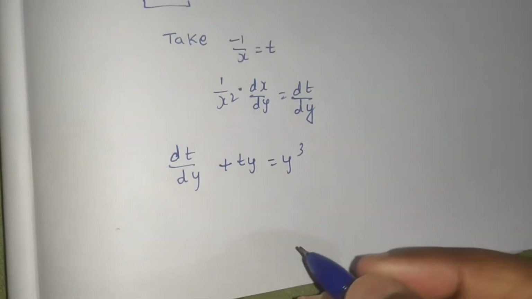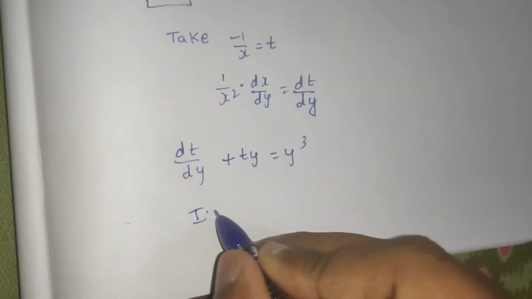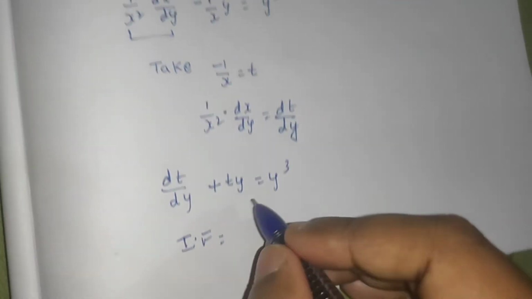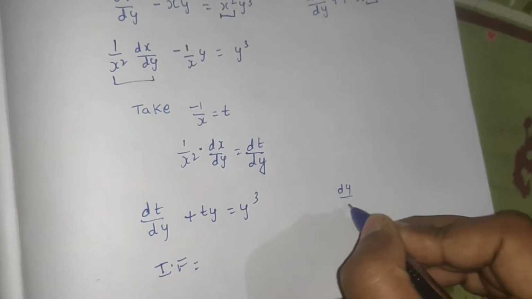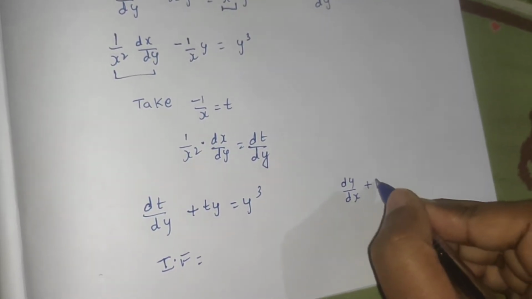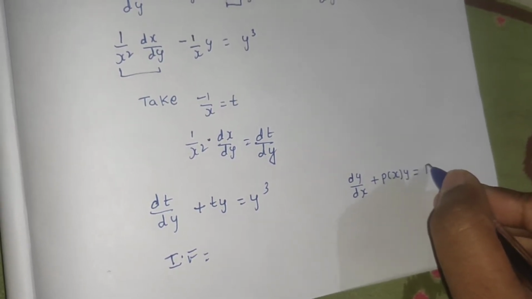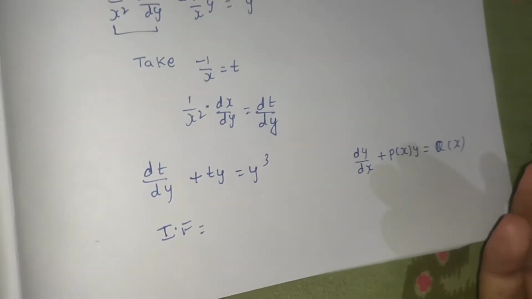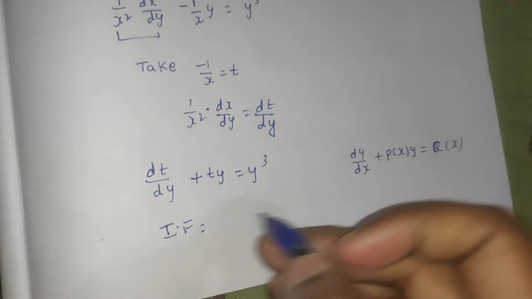Now we can find the integrating factor easily. Because this looks of the form dy by dx plus a function of x into y equals a function of x, it can be interpreted in the form of y also.